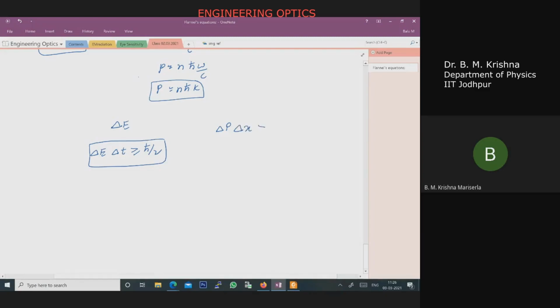Delta P delta X. It means we cannot measure the momentum and position of a wave at a time. Yes. Delta P and delta X represent the momentum and position of your wave. If, for example, you are able to find the momentum of the wave, then you cannot find the position of the wave at the same time.